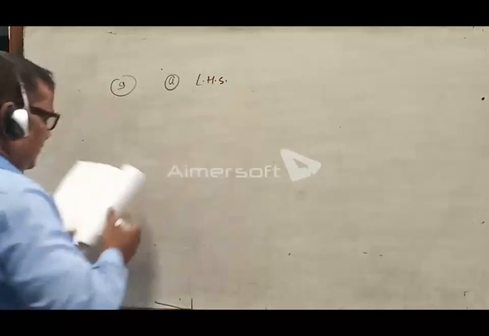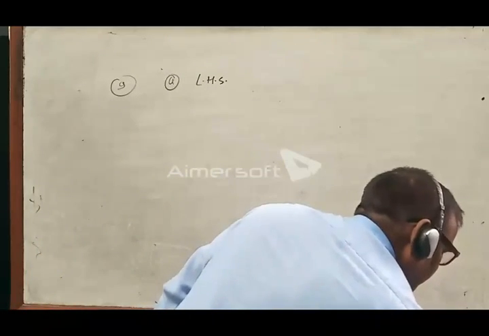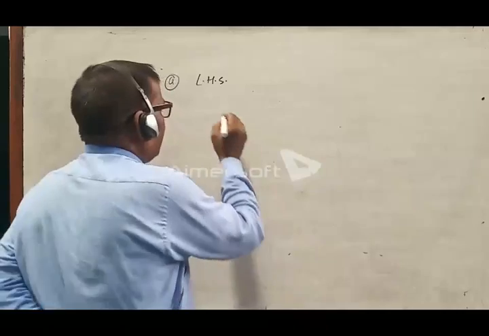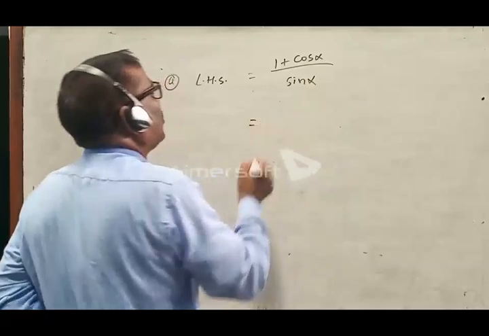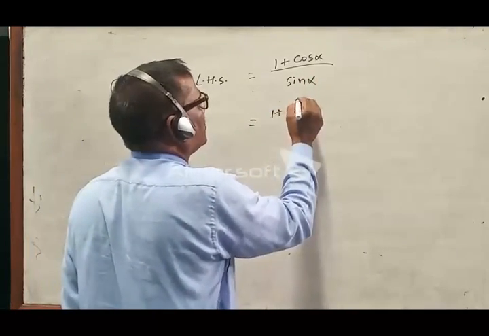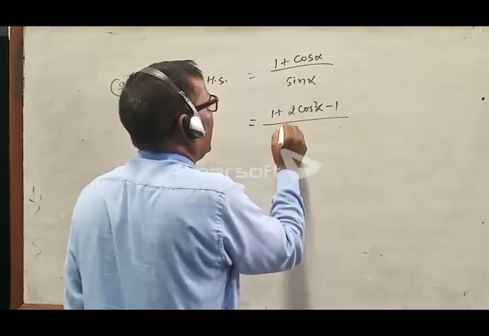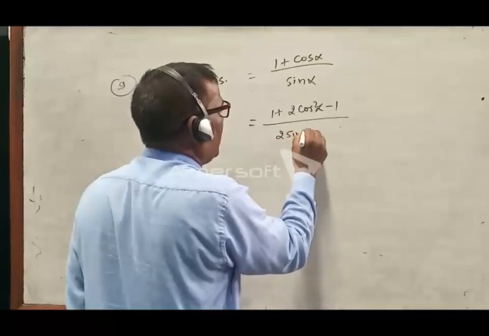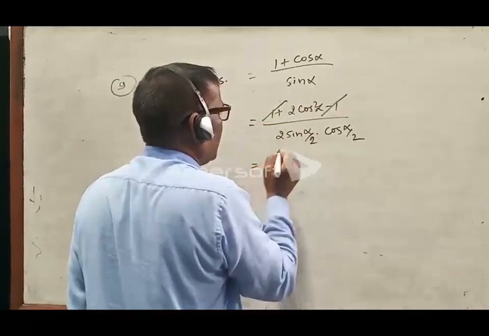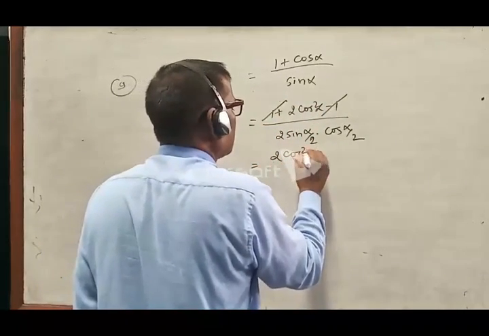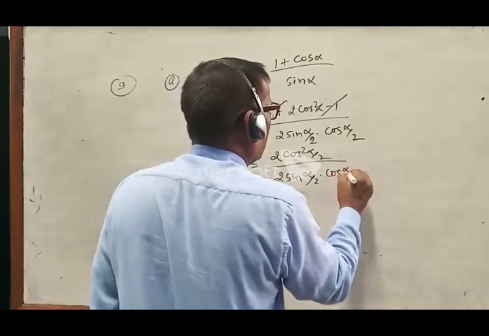LHS is 1 plus cos alpha by sin alpha. We know that 1 plus cos alpha in the multiple angle is 2 cos square alpha by 2 minus 1 plus 1, and sin alpha is sin alpha by 2 into cos alpha by 2 times 2. 1 and 1 cancel. 2 cos square alpha by 2 upon 2 sin alpha by 2 into cos alpha by 2.